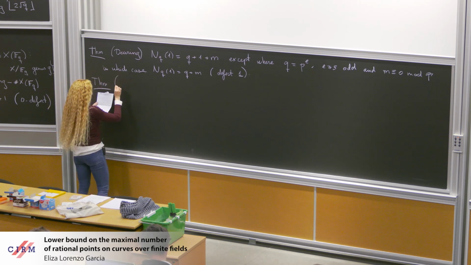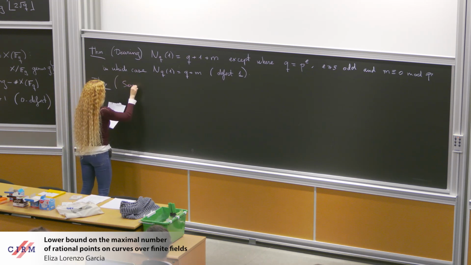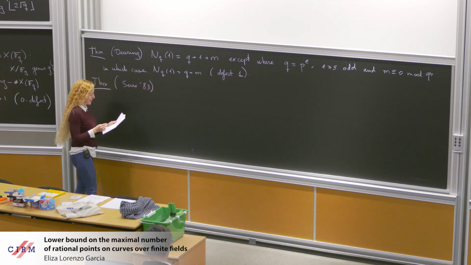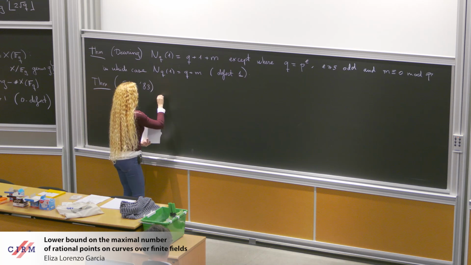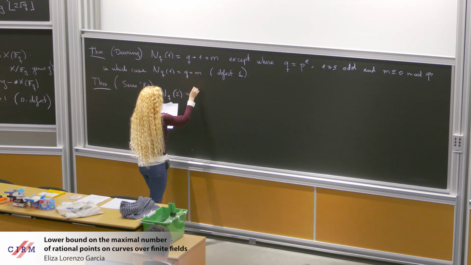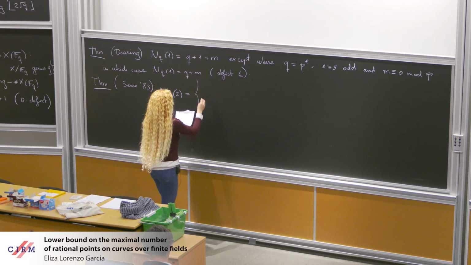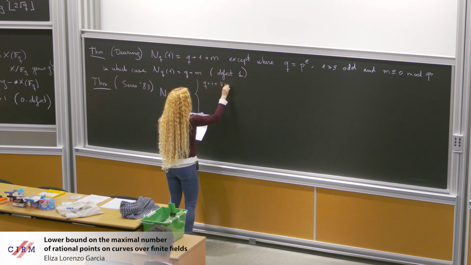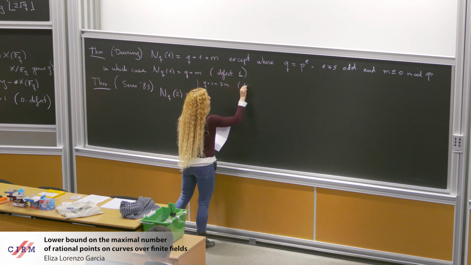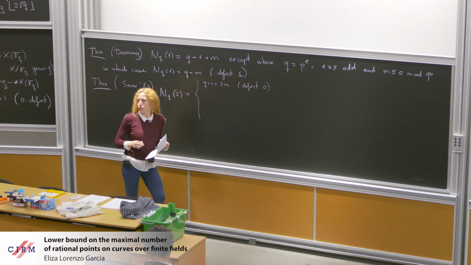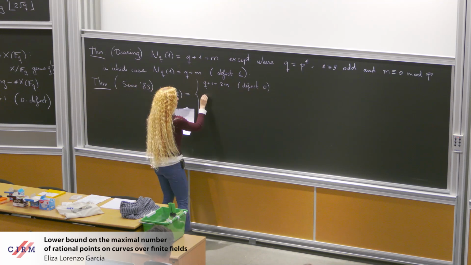Theorem. In this case, the result is by Serre in '83, so 40 years ago, and it says the following: N_q(2) is equal to one of several possibilities. Q plus 1 plus 2m, the defect 0 case, the maximum number of points that you can get.